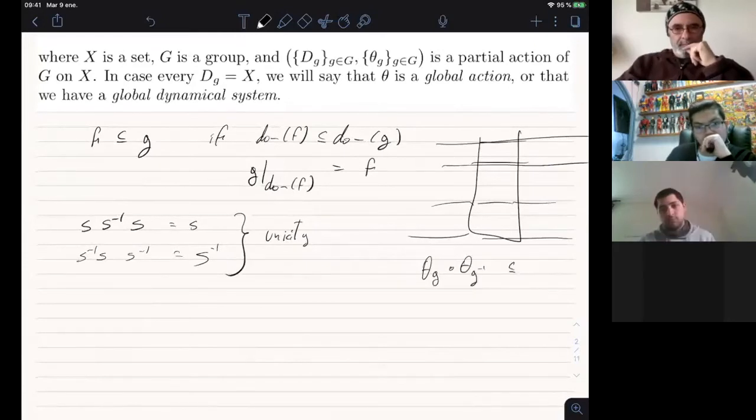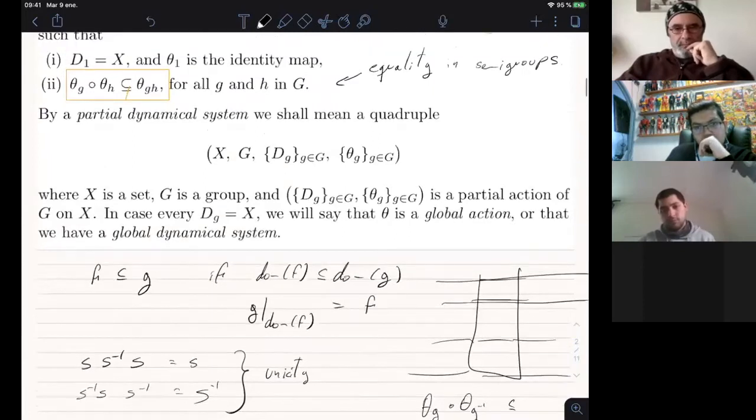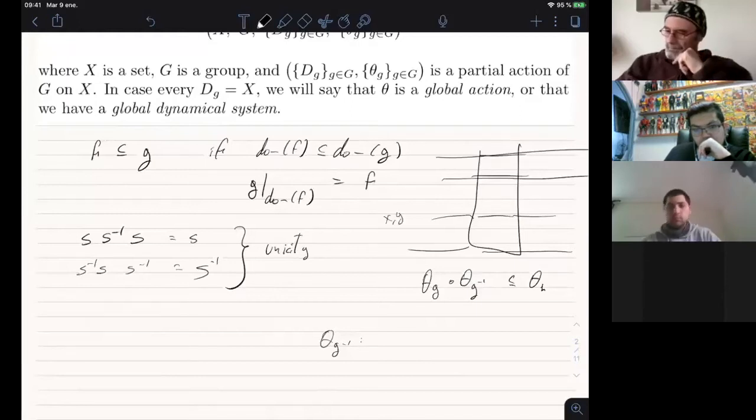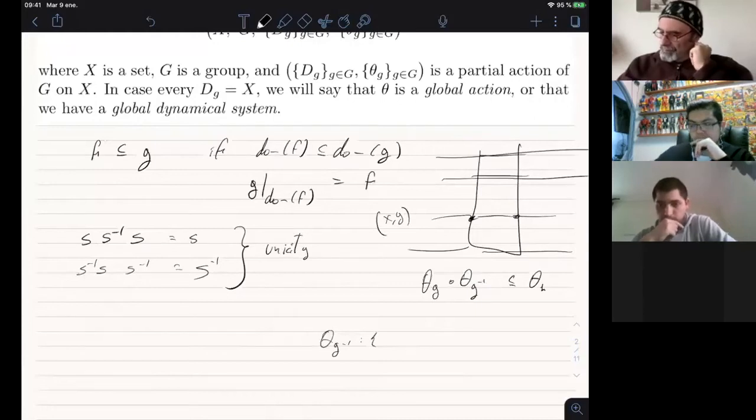Then this must be a subset included in the theta 1, which is going to be the identity in the whole space. Then what we can do is to take a theta g minus 1, like the function that takes the plane one step down. Then what we have is that the domain of this function is going to be, for example, this is x, then the domain is going to be something of this way.